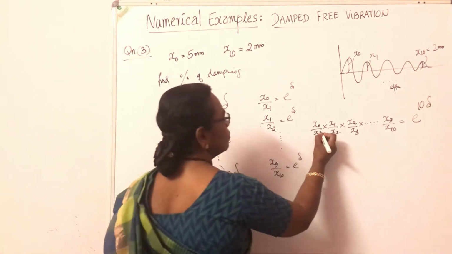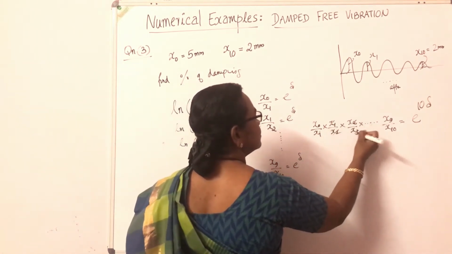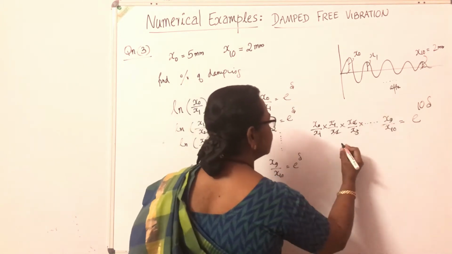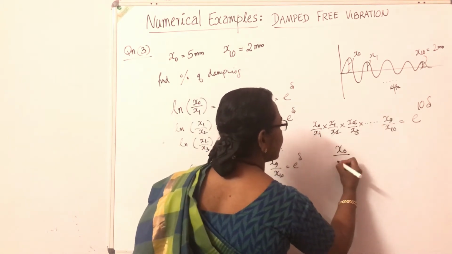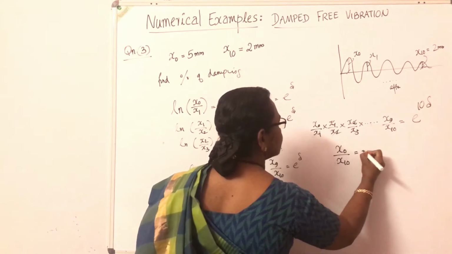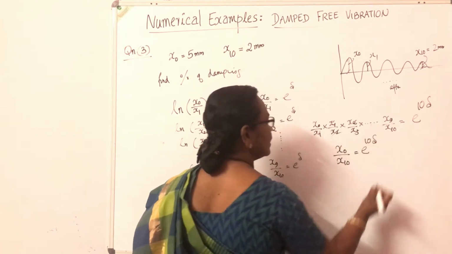Now you see, you can cancel these terms. Finally, after cancelling like this, we get x0 by x10 is equal to e raised to 10 delta.